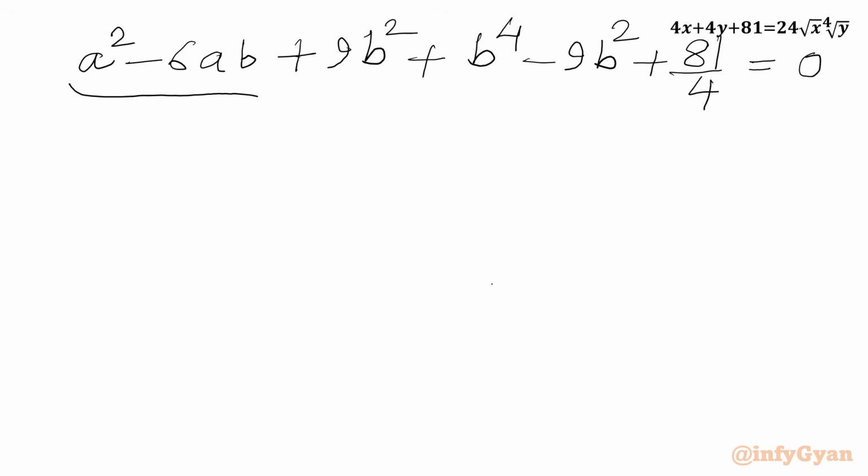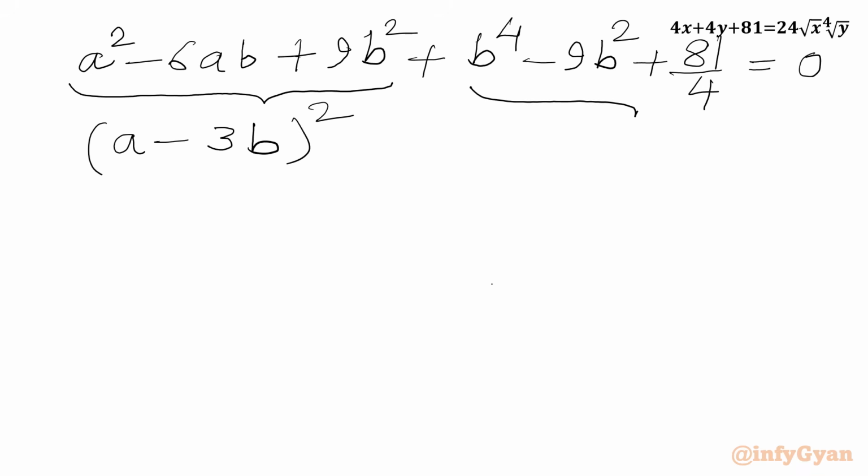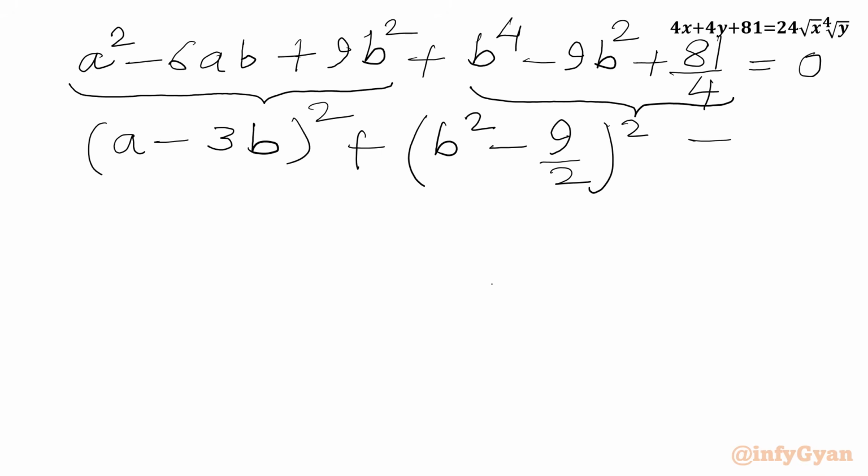Now from the first 3 terms of the LHS, we can write one perfect square of a minus 3b. We can check: a square, 3b whole square is 9b square, 2 times a times 3b is minus 6ab. Similarly, from the remaining 3 terms, we can write b square minus 9 over 2 whole square, and RHS will be 0.